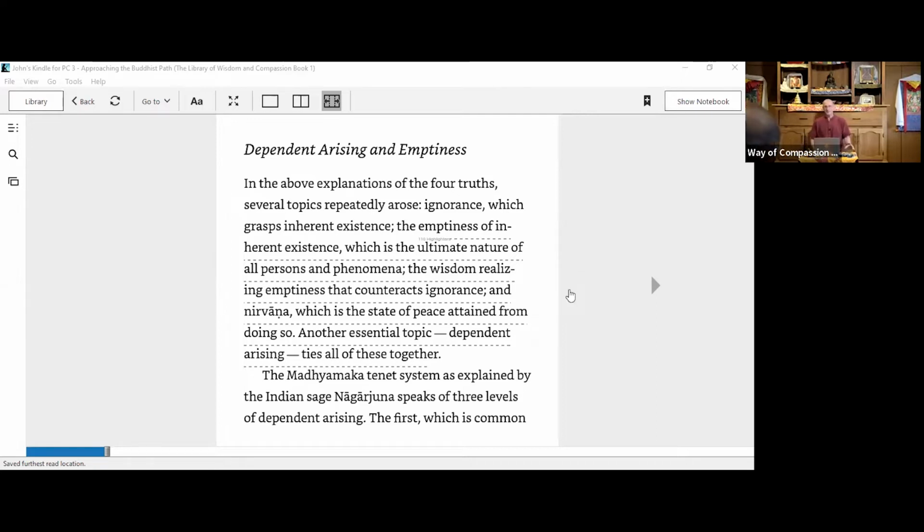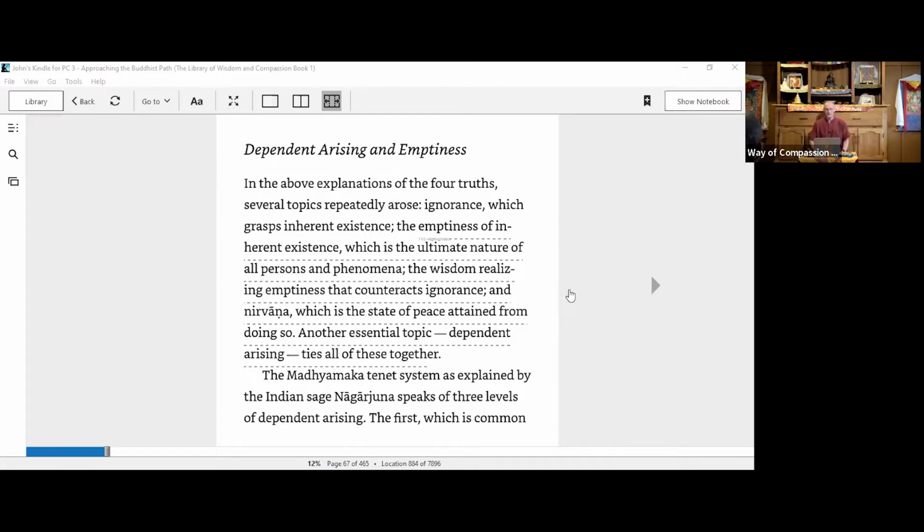So, dependent arising and emptiness. In the previous explanations of the Four Noble Truths, that was last week, several topics repeatedly arose. Ignorance, which grasps inherent existence; the emptiness of inherent existence, which is the ultimate nature of all persons and phenomena; the wisdom realizing emptiness that counteracts ignorance; and nirvana, which is the state of peace attained from doing so.